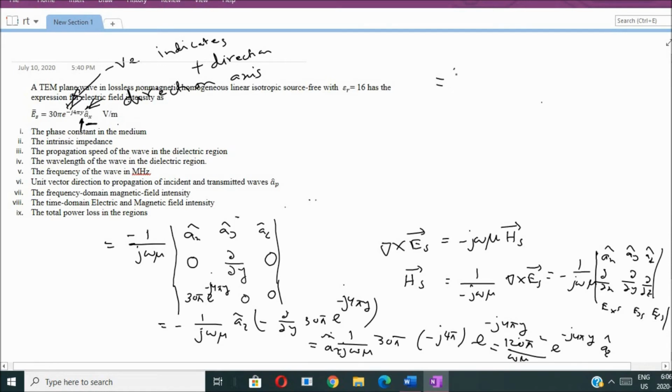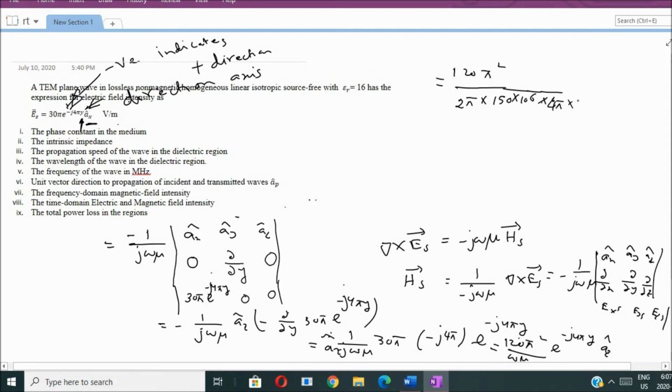So this is 120 pi square, and omega equal to 2 pi f, where f equals 150 times 10 to the power 6, and mu equal to mu naught times 1.